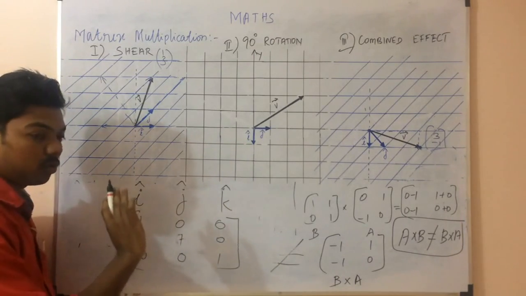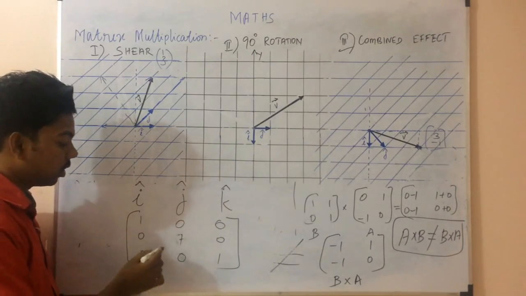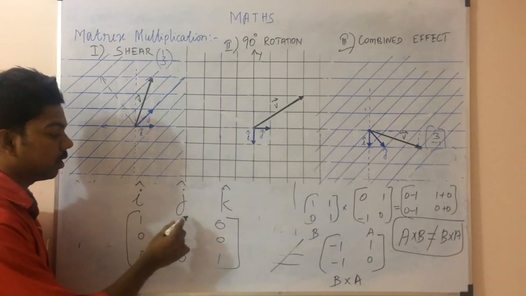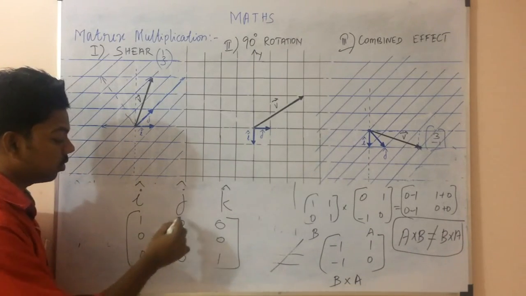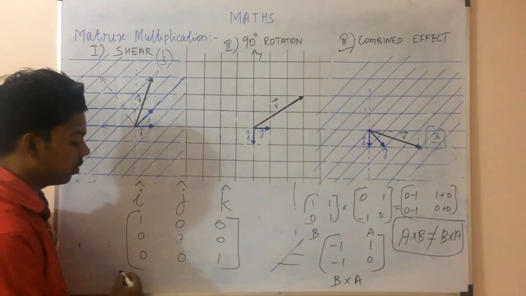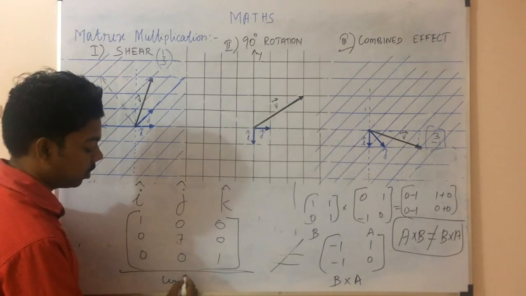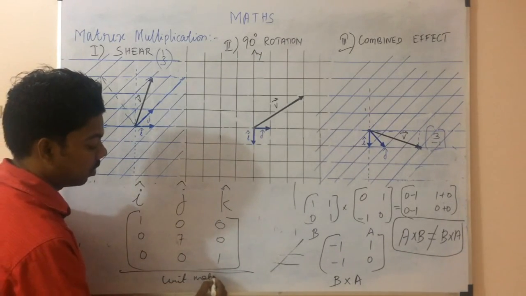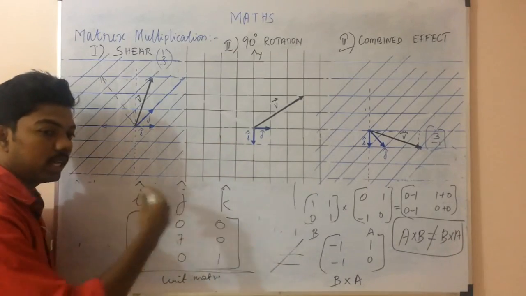So before the transformation, the initial positions of i cap, j cap, k cap will be 1 0 0, 0 1 0, 0 0 1. This denotes the unit matrix, in 3 dimensions.